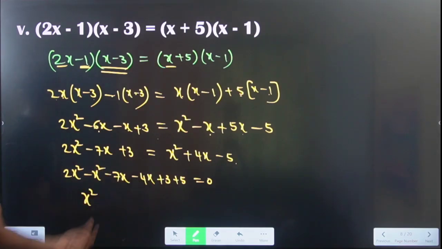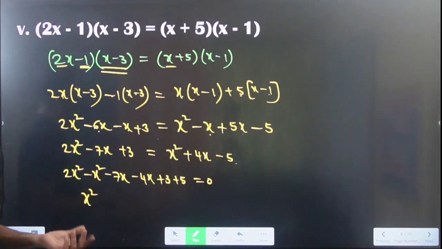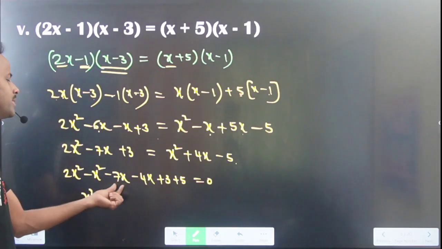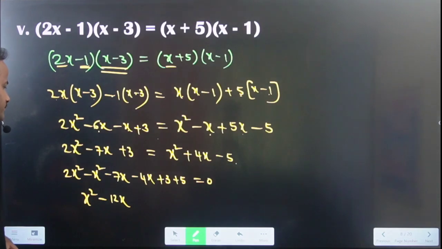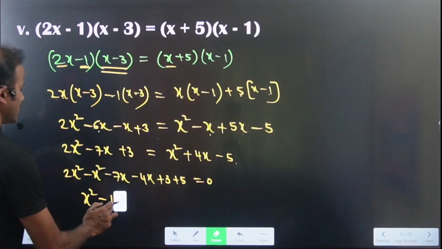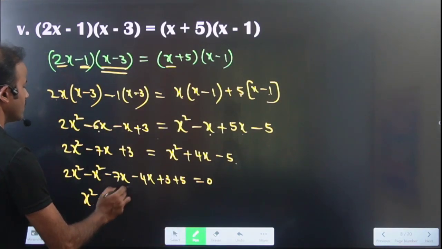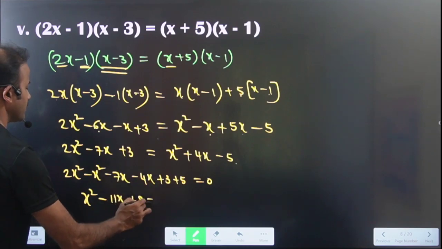Minus 7x minus 4x, both are having the same signs. Then you have to add. Minus 7x minus 4x is how much? That is minus 12x, sorry, that is minus 11x plus 8 equal to 0.